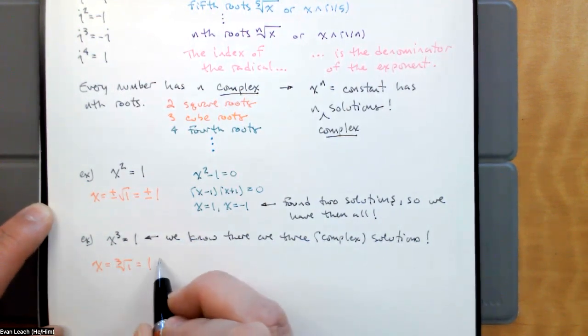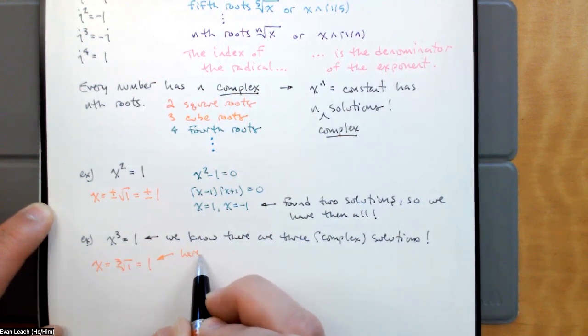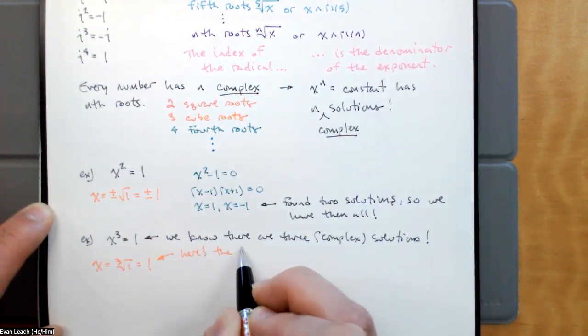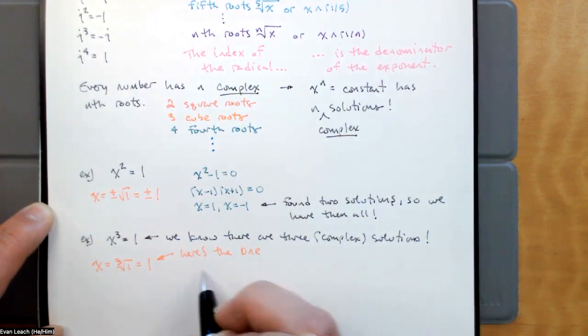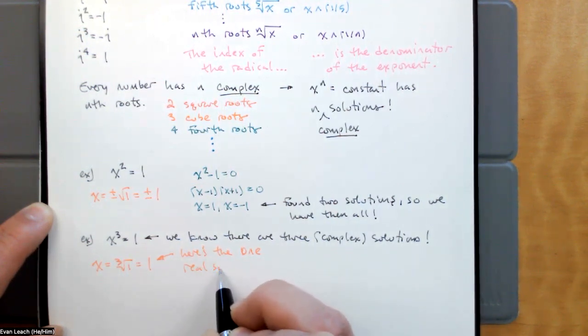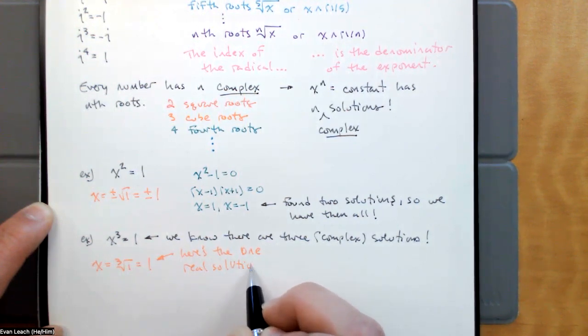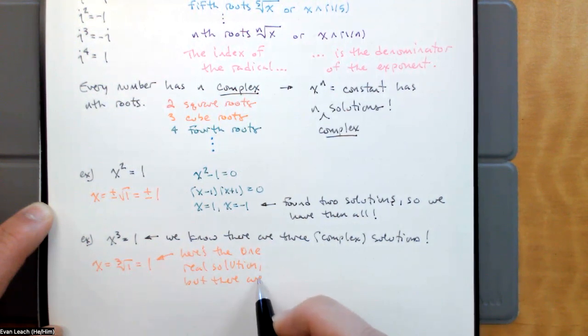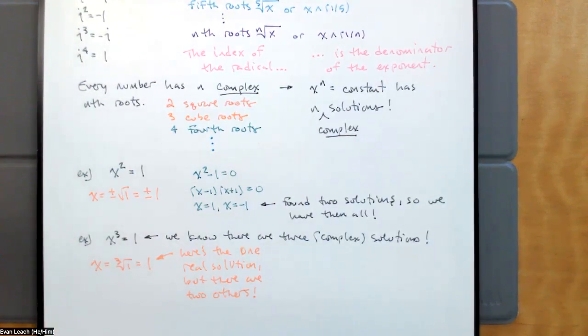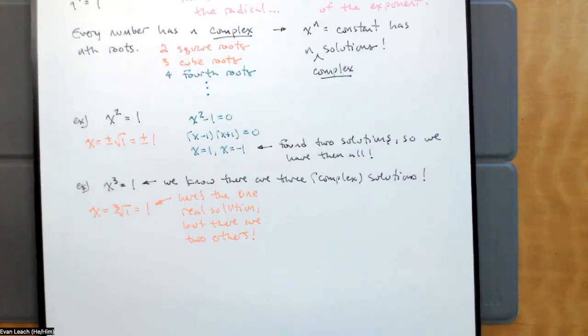This is the real solution. Here's the one real solution, but there have to be 2 others because we have to have 3. We have found 1. There are more.